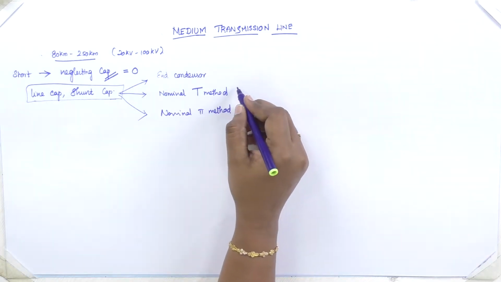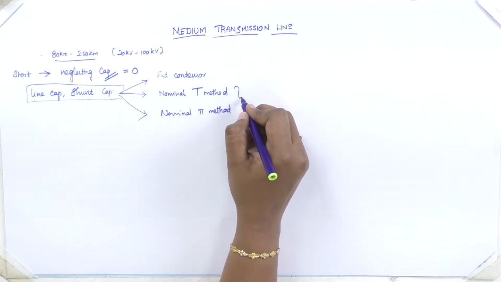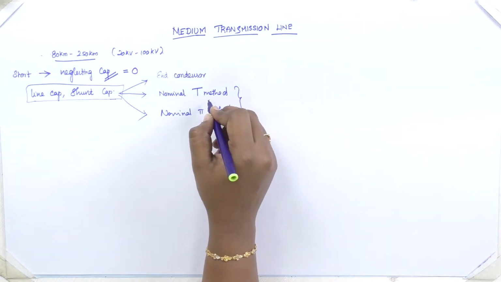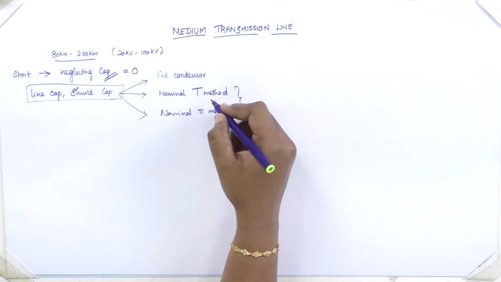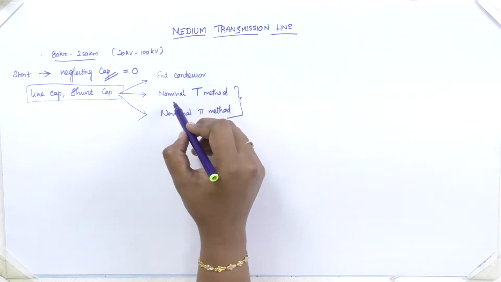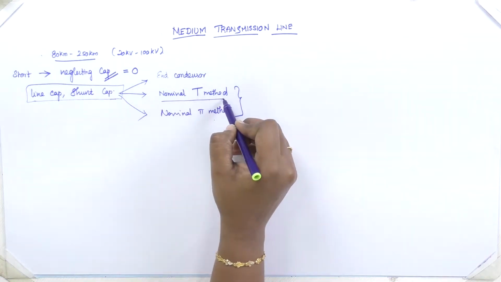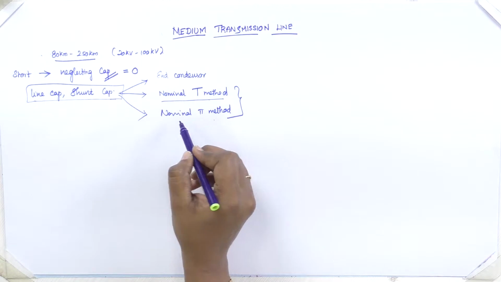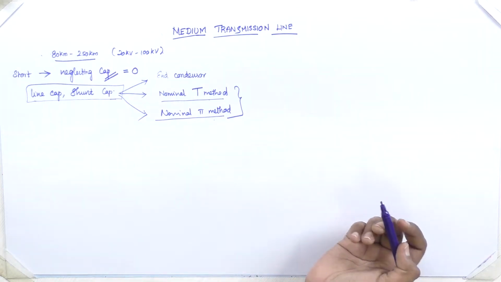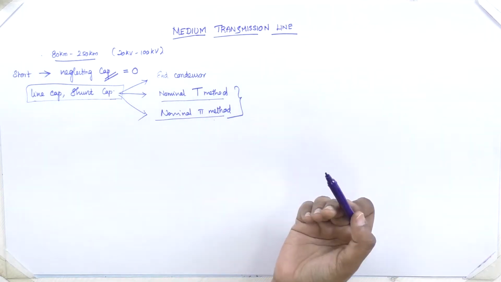We are going to discuss the nominal T and nominal pi methods, how the capacitance plays a role in each of them.